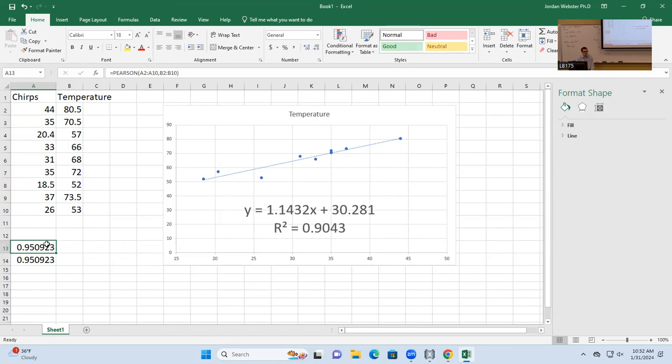Any questions about that? So Excel can give you the Pearson correlation coefficient in a straightforward manner.